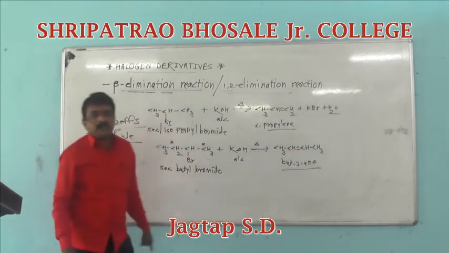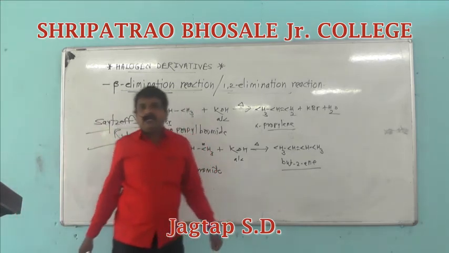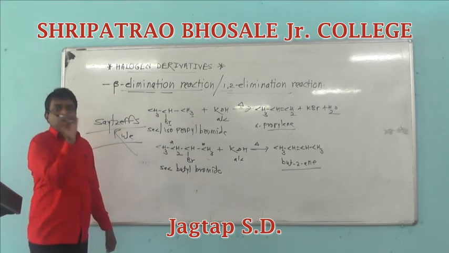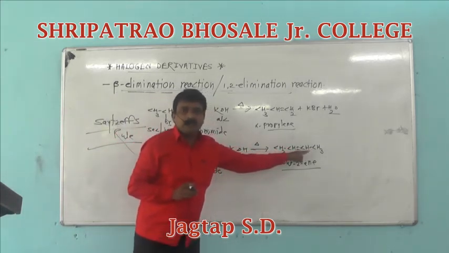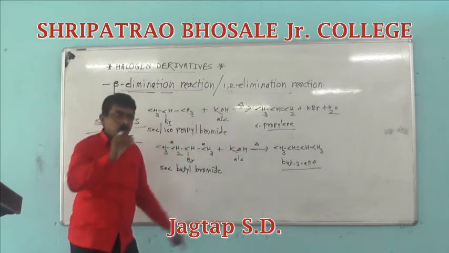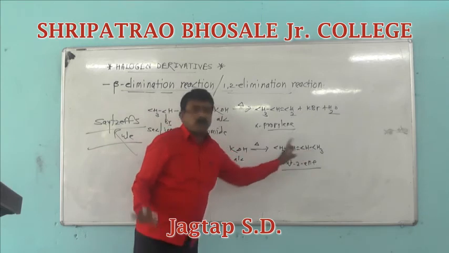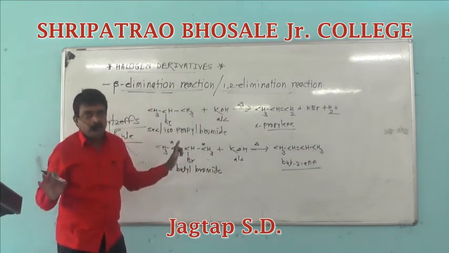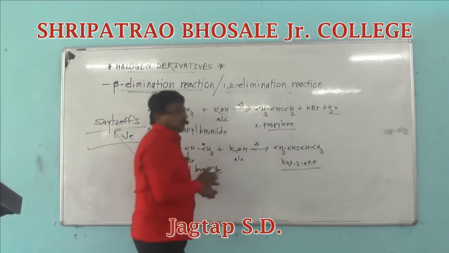According to IUPAC system, the name is obtained by changing ending ANE of corresponding alkane by ENE. Total number of carbon 4, corresponding alkane butane. Therefore, the ANE of butane is replaced by ENE. But position of double bond is 2.